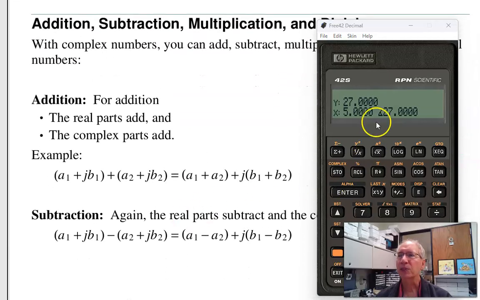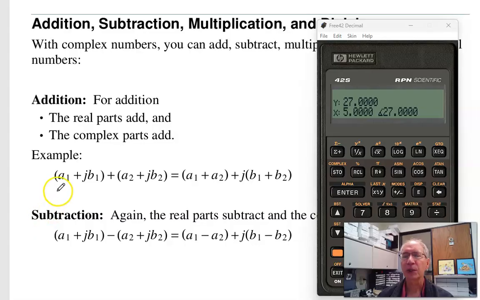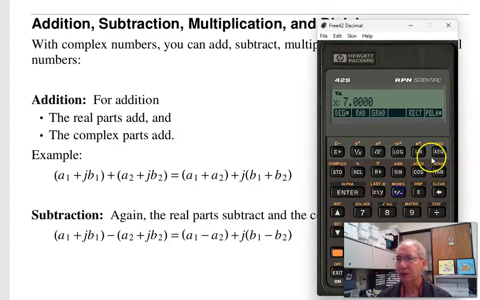With complex numbers, you can add, subtract, multiply, and divide. Addition is pretty easy. When you add complex numbers, the real part adds and the complex part adds. So for example, let's take 7, enter 8, first complex number, 2, enter 3, complex number.